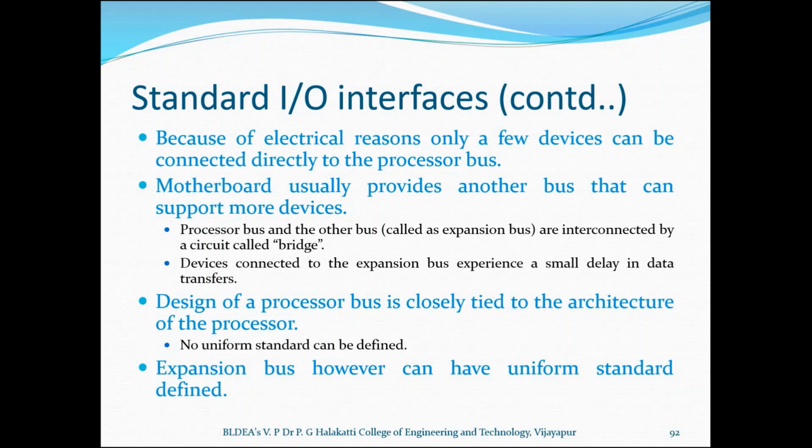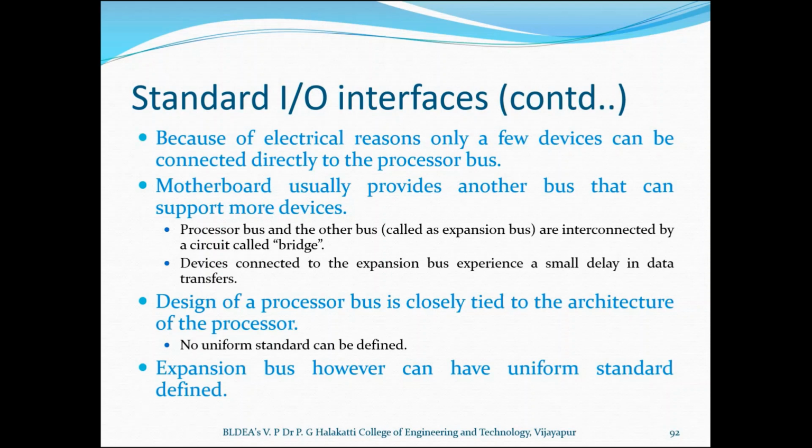The structure of the processor bus is mainly governed by the architecture and other parameters like the processor clock. So it is difficult to define a uniform standard for the processor bus. Whereas the expansion bus is not constrained by the processor structure, hence it can use a standardized signaling scheme.